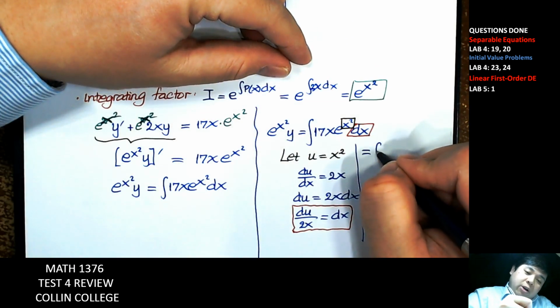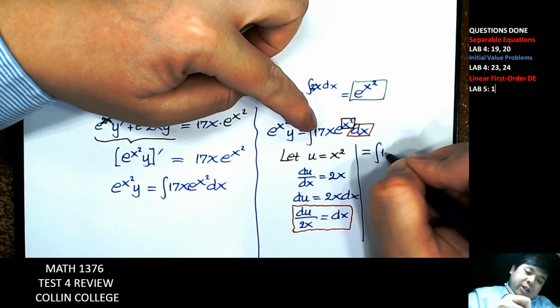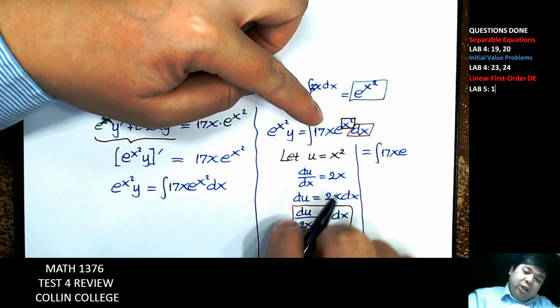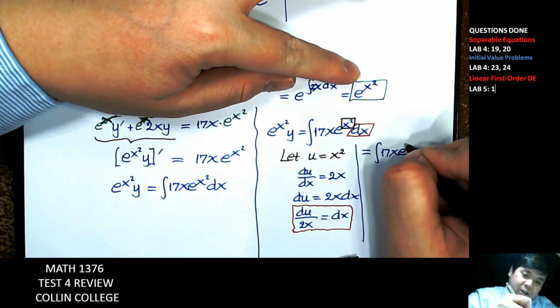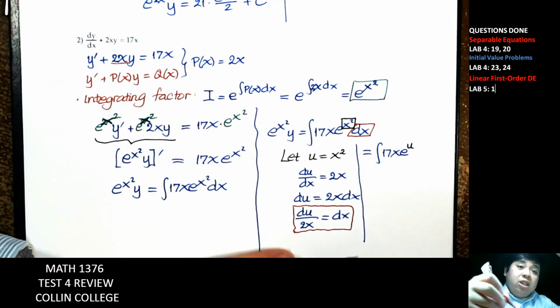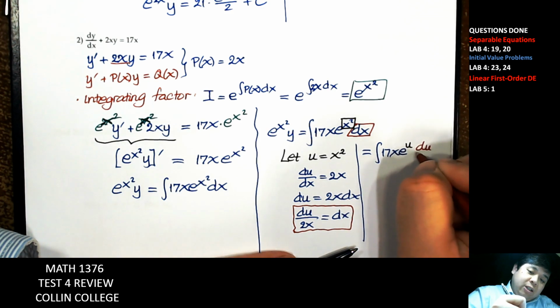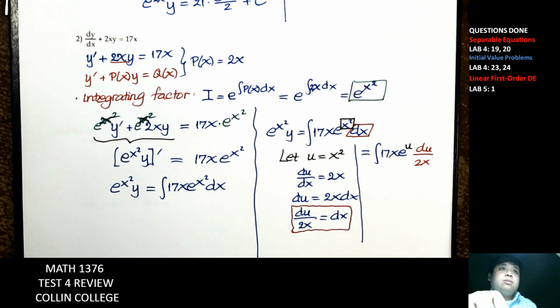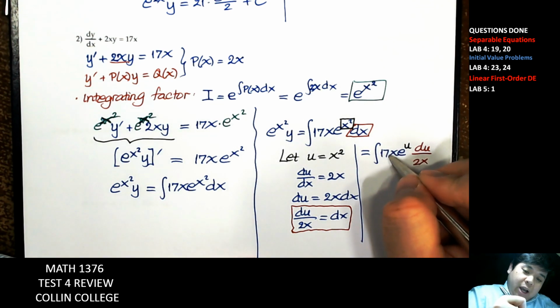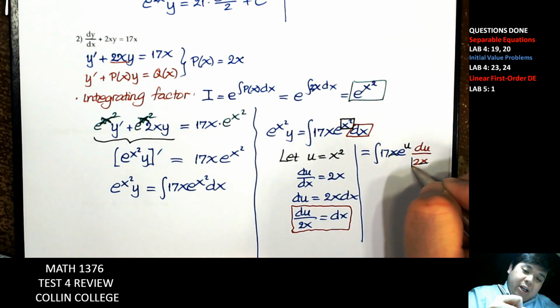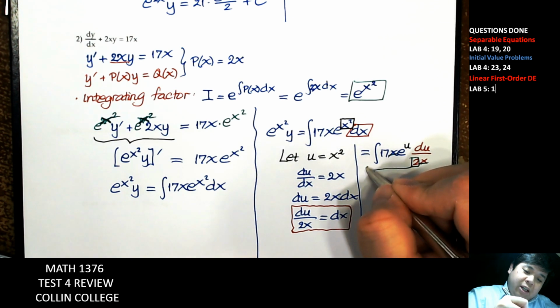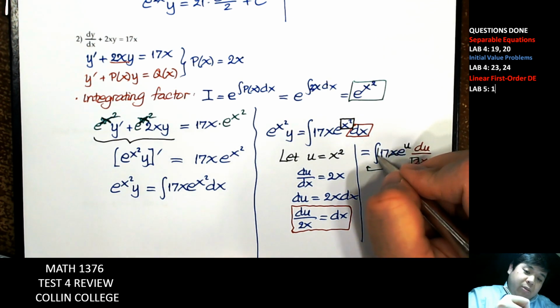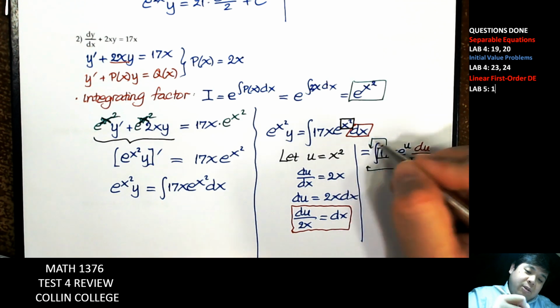We have the integral of 17x e to the u, and dx is du over 2x. So the x cancels out, the 2 goes in the bottom and the 17 on the top.